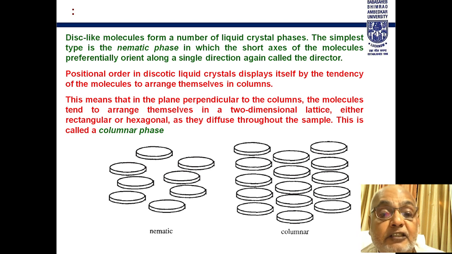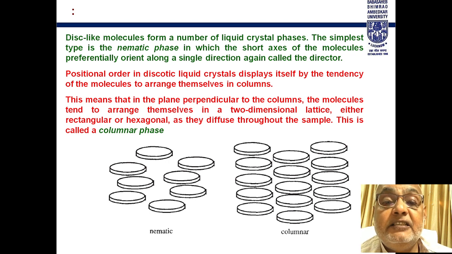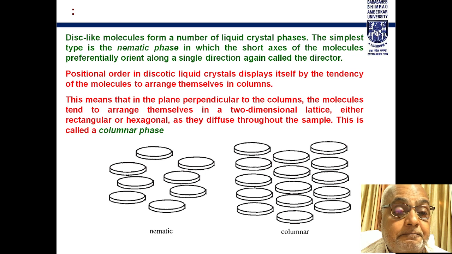Positional order in discotic liquid crystals displays itself by the tendency of molecules to arrange themselves in columns. This means that in the plane perpendicular to the columns, the molecules tend to arrange themselves in a two-dimensional lattice, either rectangular or hexagonal. They diffuse throughout the sample, and this is called the columnar phase.